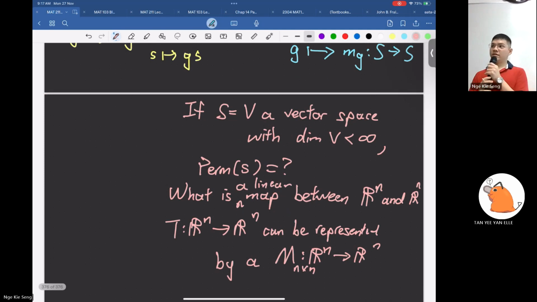Does it make sense? So what are the invertible matrices? Those with determinant not equal to 0. So what's the set called? GL_n. These are the general linear group.